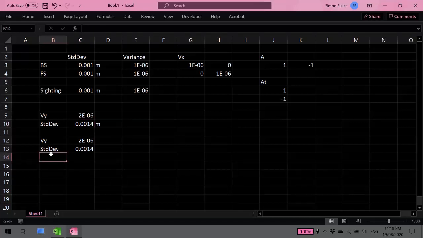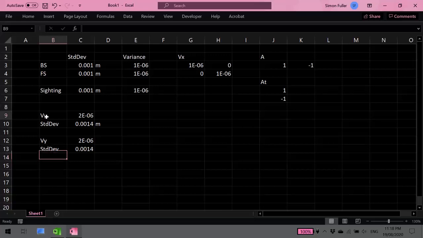So there we go, there's an example with some numbers of using the propagation of variances to work out the variance and standard deviation of your derived quantity. In this case, a height difference from some leveling measurements.